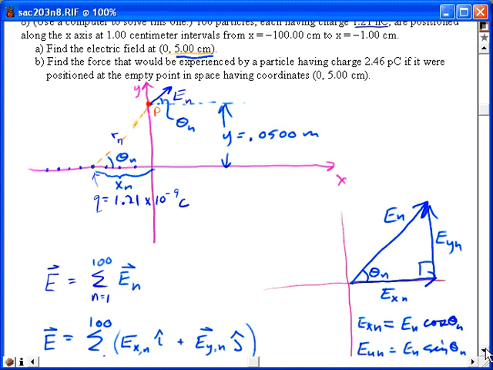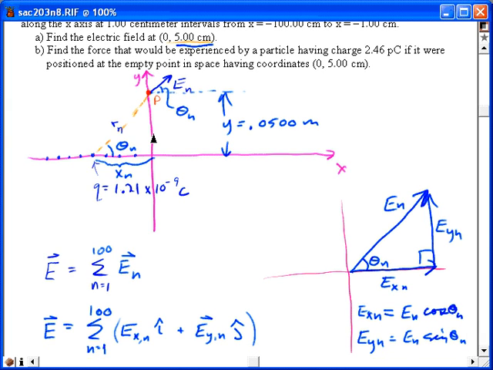So this cosine of theta can be expressed as, here's theta, the cosine of theta is this over that. So the cosine of theta sub n is x sub n over r sub n, and the sine of theta sub n will be this distance y, which never changes. It doesn't matter which particle you deal with, so I'll just call it y without any subscript, y over r sub n.